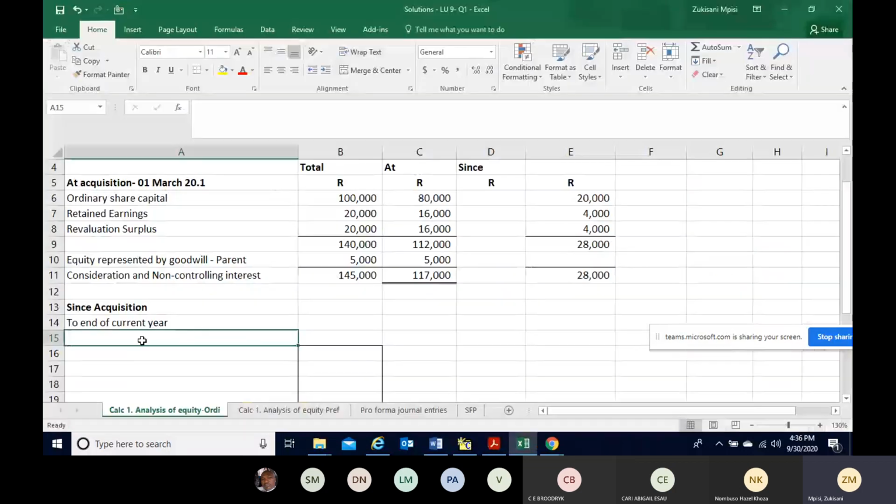So we've been given retained earnings, which we need to adjust against the inter-group transactions that we just spoke about.